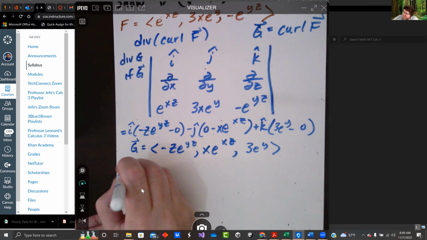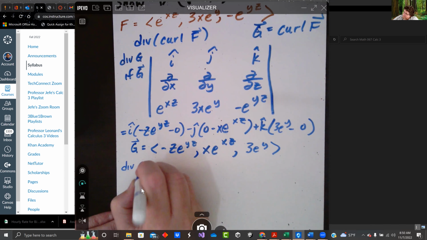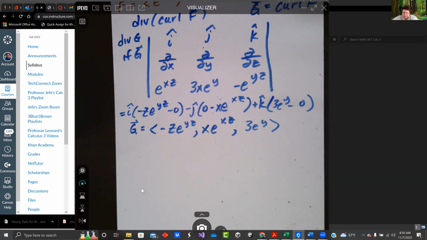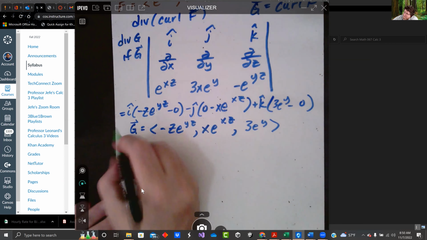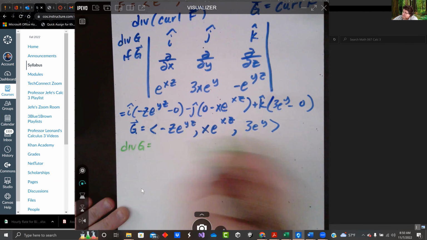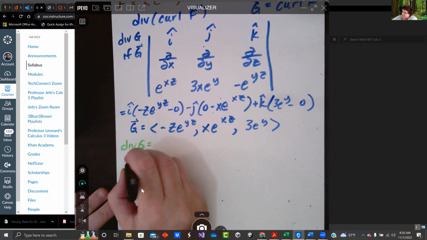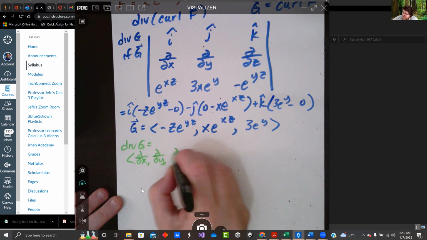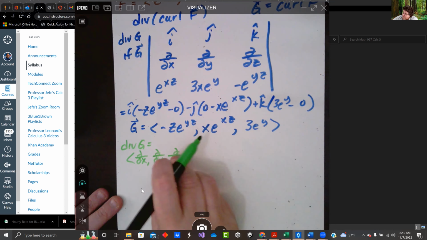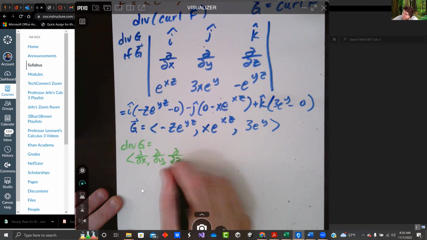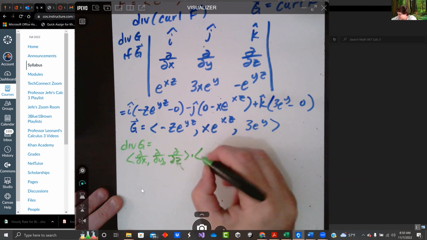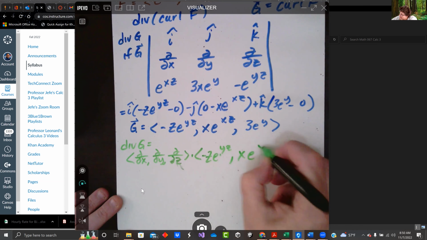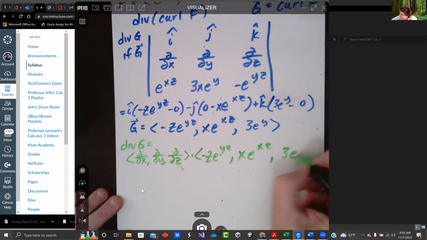All right, so that was G, and it's a vector. Now I want the divergence of G. Let me change colors for divergence. ddx, ddy, ddz of negative z e to the yz, x e to the xz, 3 e to the y.